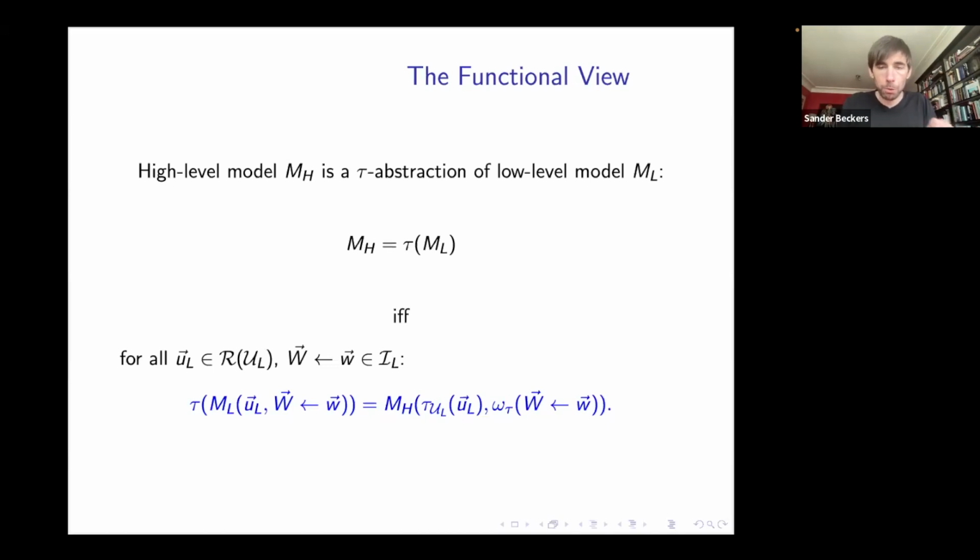If you were now to arrive at the high level by a different route, namely, you first map the exogenous variables to the high level using tau of UL, and then you map the intervention to the high level using omega, then you arrive at a high-level context and a high-level intervention. You plug that into the high-level causal model, and you arrive at a point, and that point should be the same point as you initially arrived at. If that is the case, then we have an abstraction.